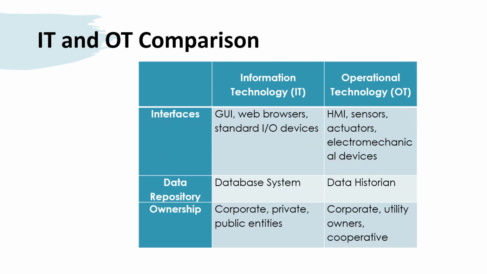On interfaces, an IT system typically provides graphical user interfaces, GUI, and web browsers to facilitate business operations and transactions. An OT system enables the effective monitoring and control of processes and floor operations through human-machine interfaces, HMI, and electromechanical controls.